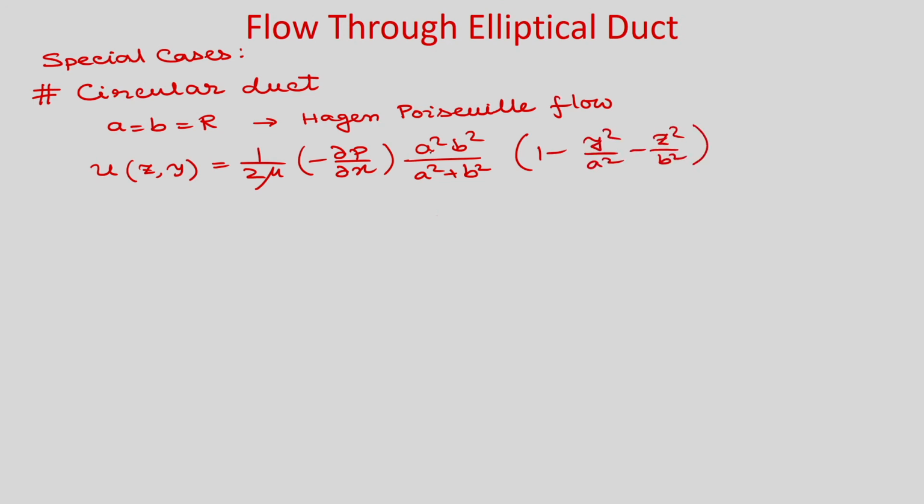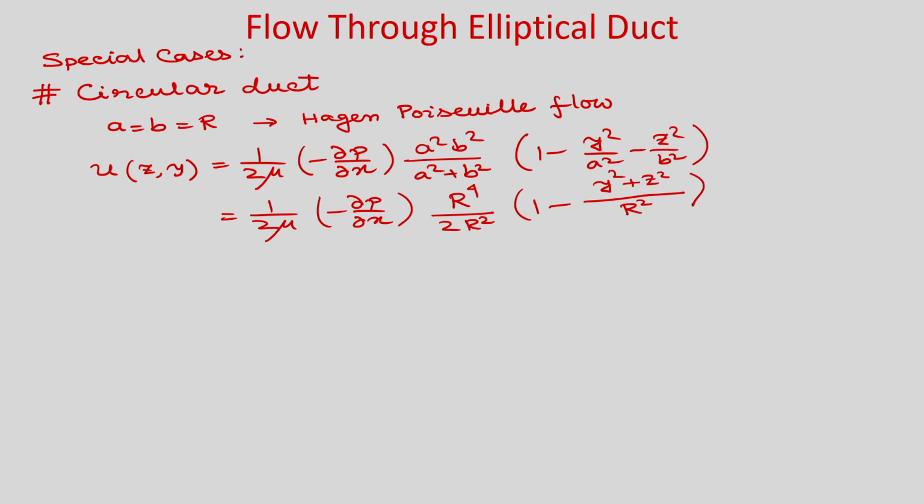Okay. So, now let us put the value of a and b as r. So, you will get 1 by twice mu minus del p by del x. So, r to the power 4, here r square plus r square is 2 r square, and you will get 1 minus, in the denominator if you write r square, it will become y square plus z square.